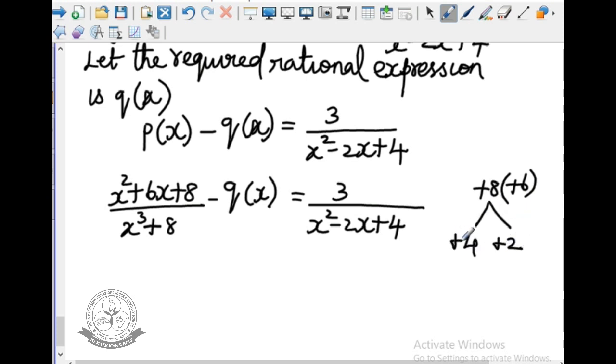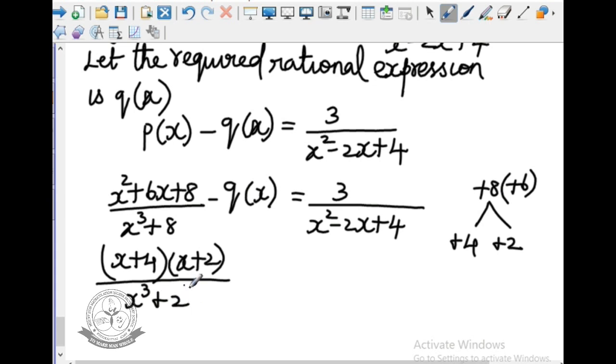So I write it as x plus 4 into x plus 2, whole divided by, this can be written in the form x cube plus 2 cube, minus q of x equal to this one, x squared minus 2x plus 4.